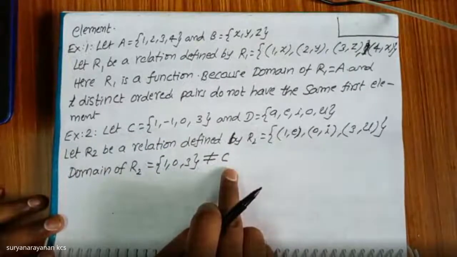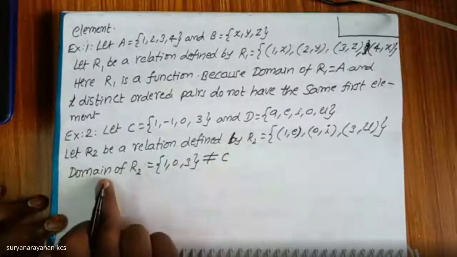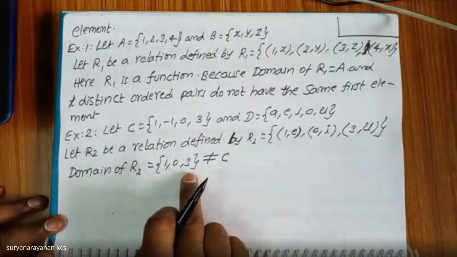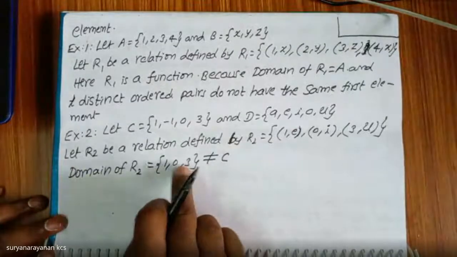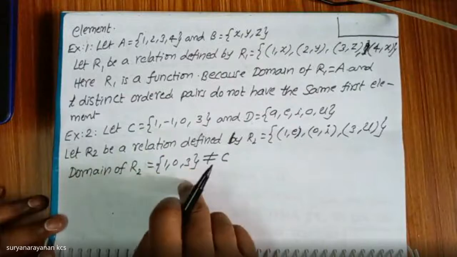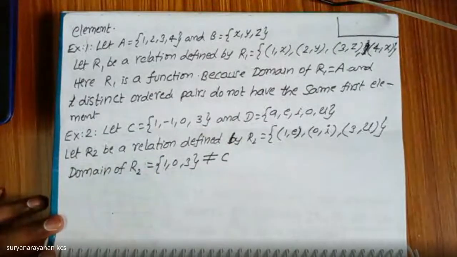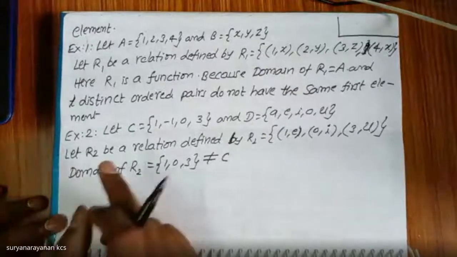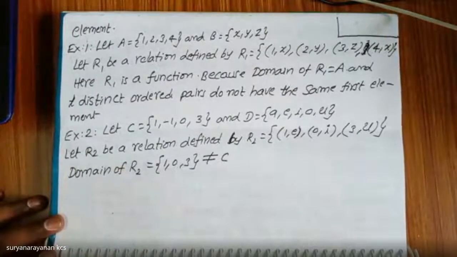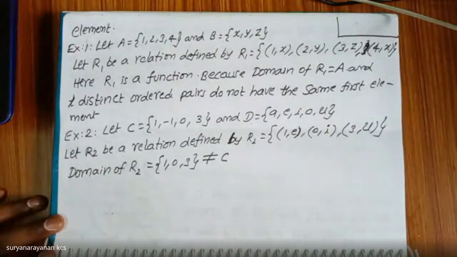If a relation is defined as a set of ordered pairs, first of all find the domain of that relation. That domain should be equal to the first set. Otherwise, it is not said to be a function. Here we should not use the words "minus 1 is not connected" because we have defined the function in the other method, as a set of ordered pairs.